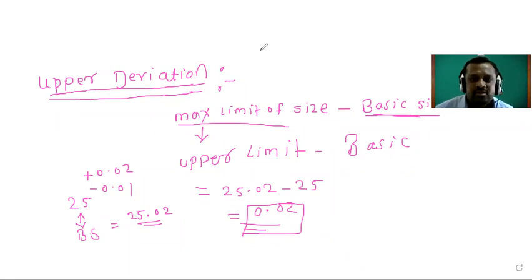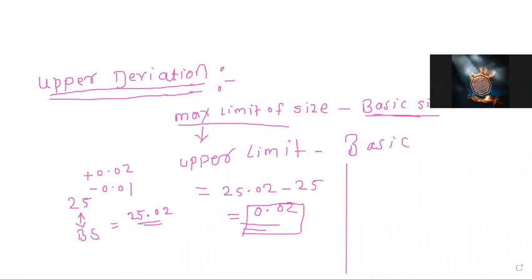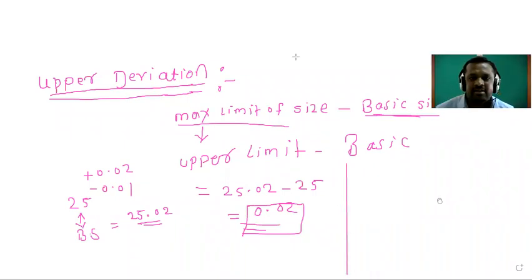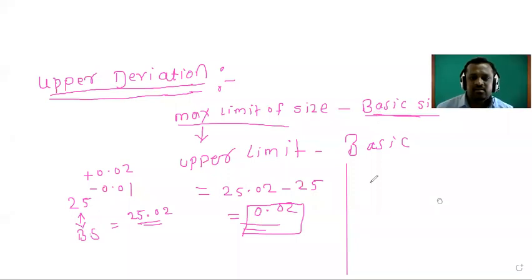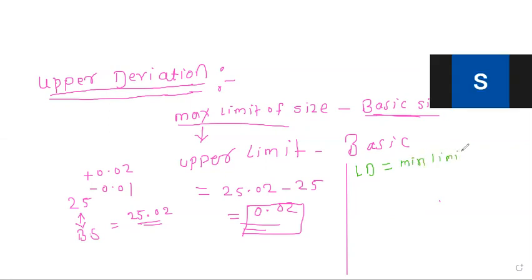The lower deviation is the minimum size minus the basic size. The lower deviation is equal to the minimum limit of size minus basic size.